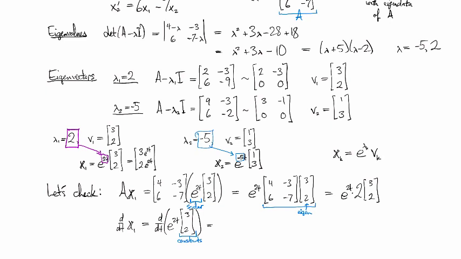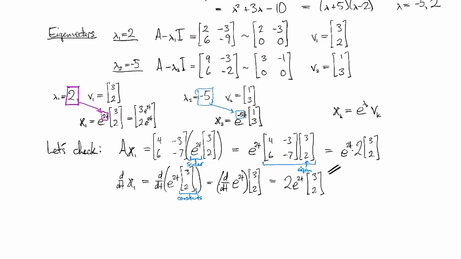And so it's going to be d/dt of e to the 2t, and we can pull the constants outside. And so if we differentiate, we get 2e to the 2t times 3, 2. And then key point, these guys are going to be equal.